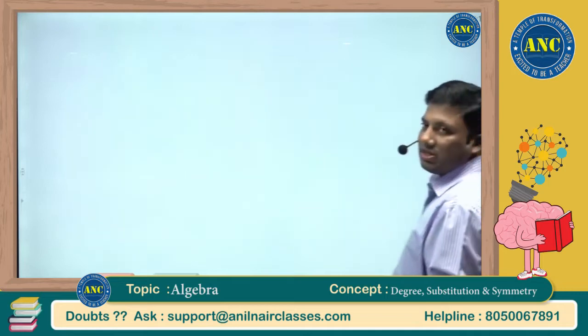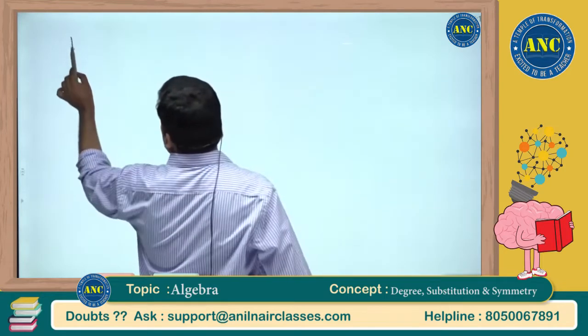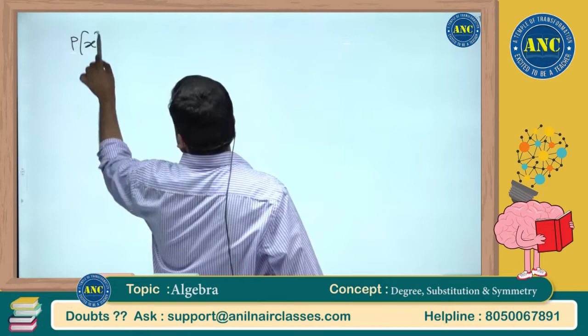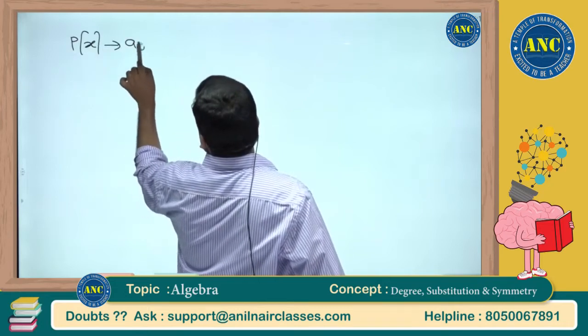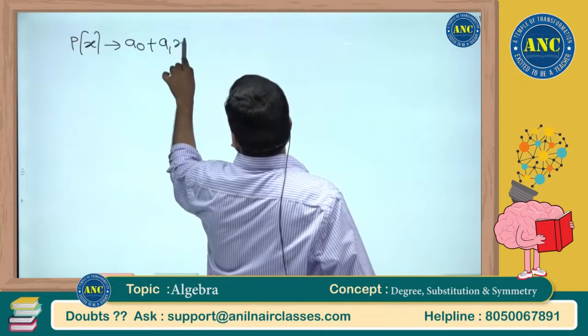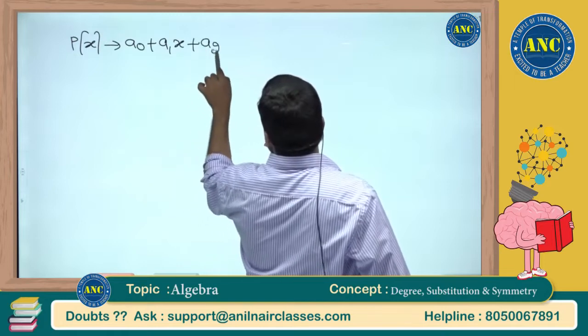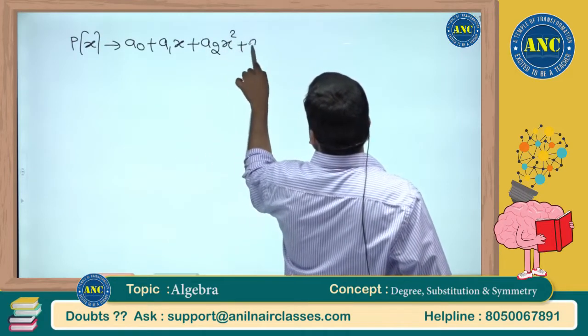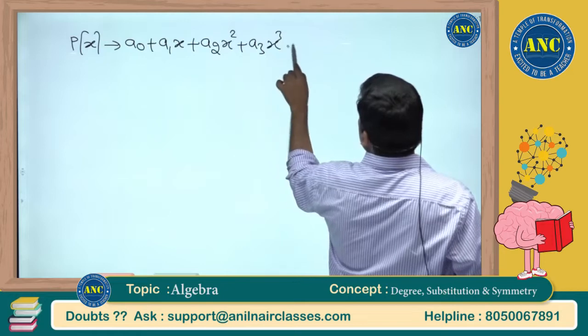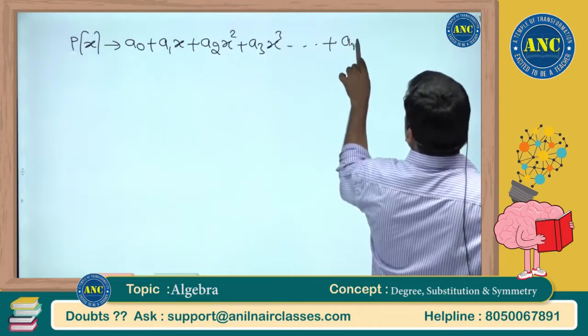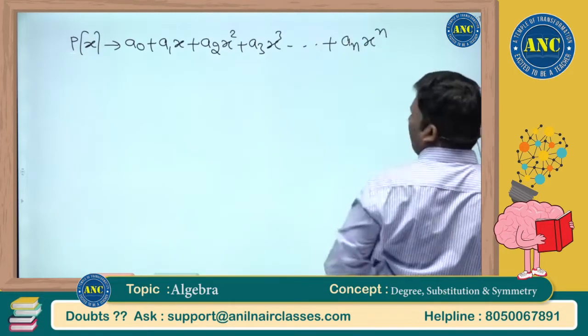Then comes, suppose P of x is an expression. The general form of an expression is a0 plus a1x plus a2x square, a3x cube and so on up to an x power n.